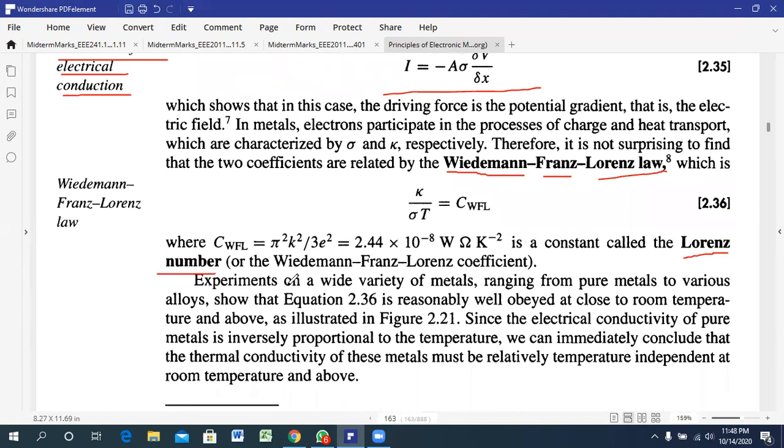So C_WFL is derived from experiments on a wide variety of metals.